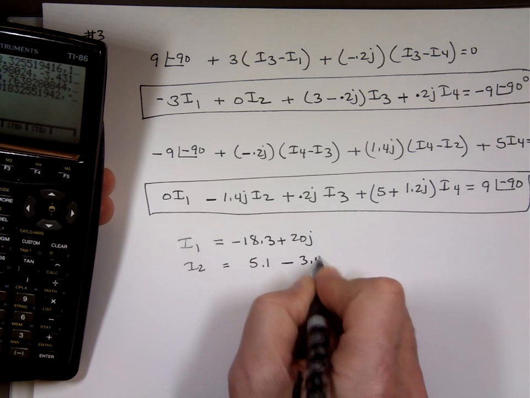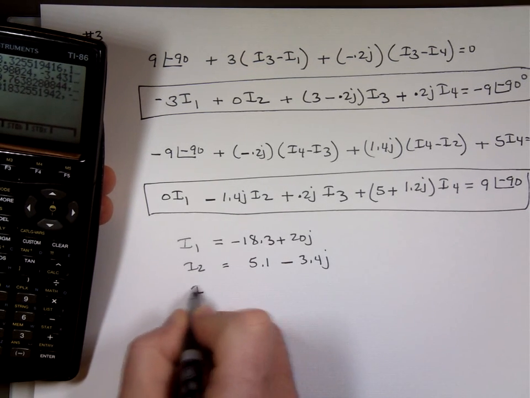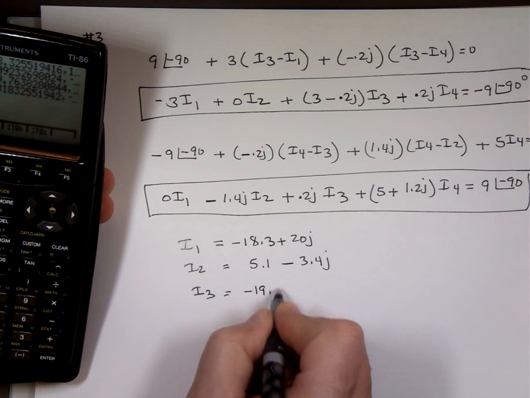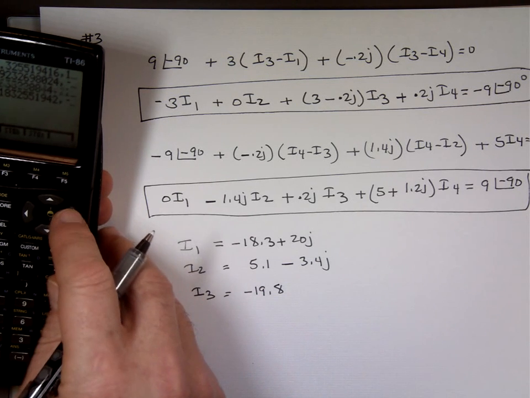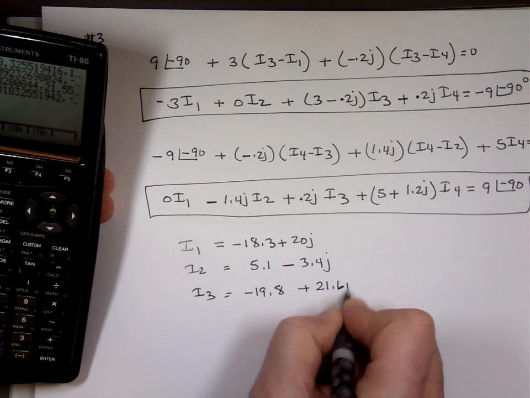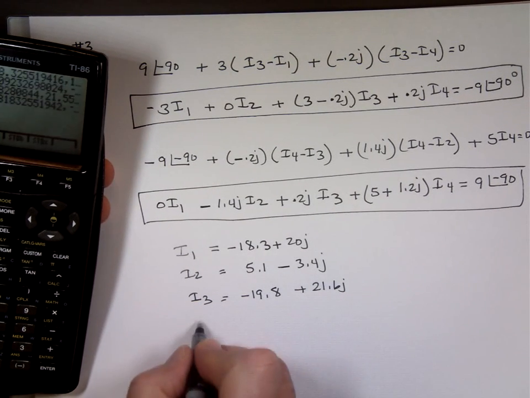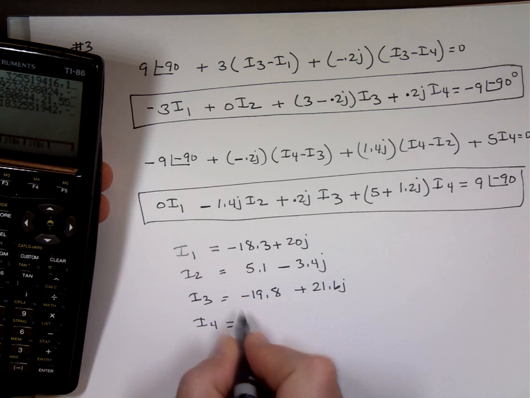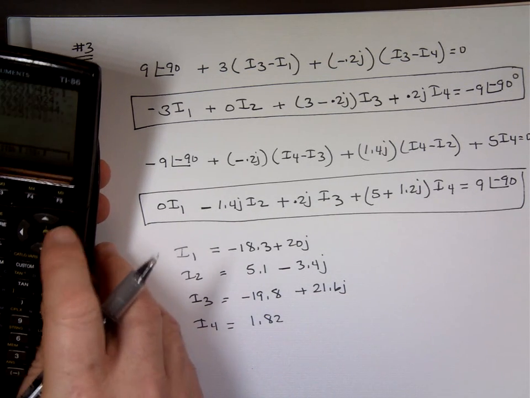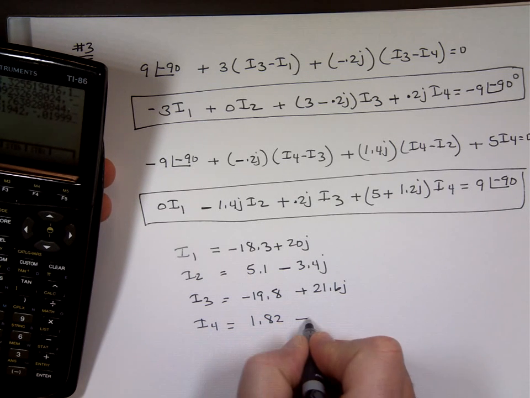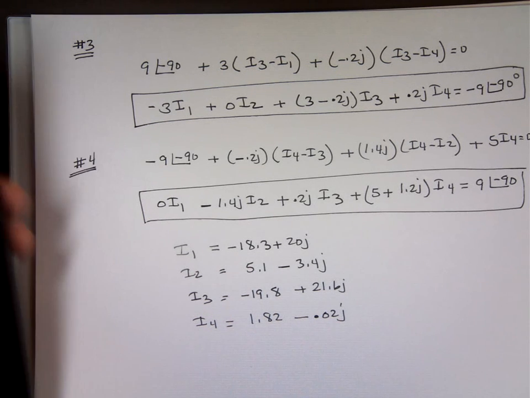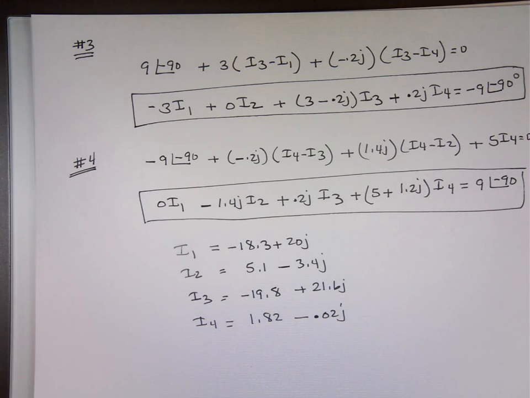I sub 3 equals negative 19.8 plus 21.6j, and I sub 4 equals 1.82 minus 0.02j. So once you have these, any question they want to know, we can solve it.